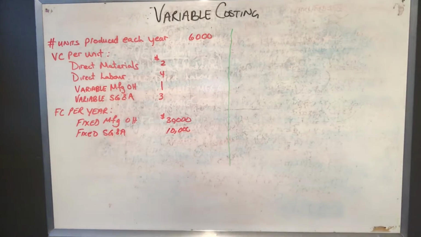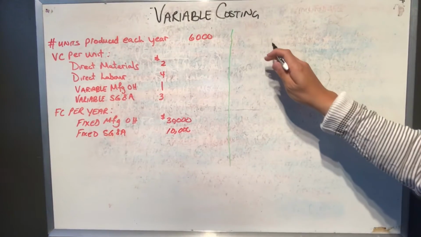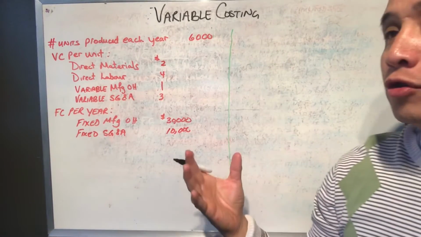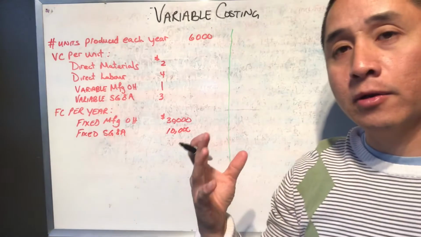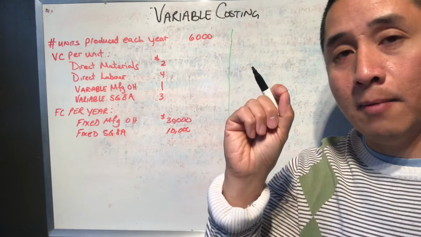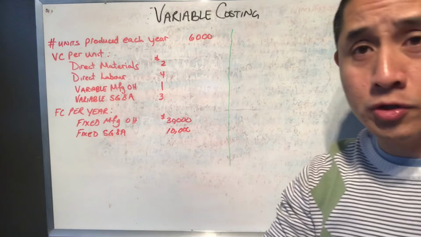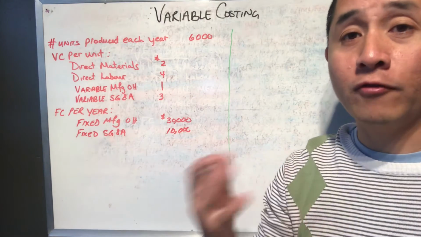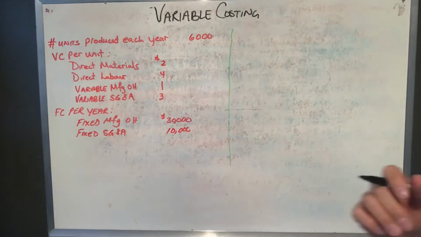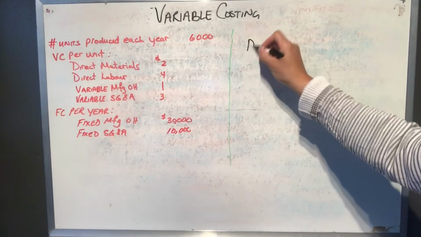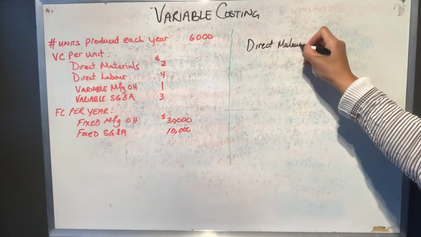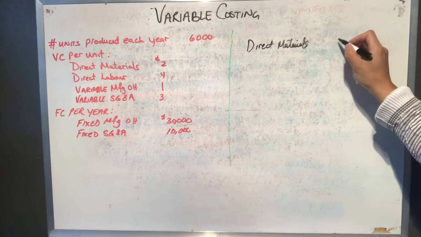Under the variable costing methodology, we are only concerned with those costs that are associated directly with manufacturing, as opposed to the absorption or full costing method, where we account for fixed costs as well. So here we account for direct materials, and that's $2.